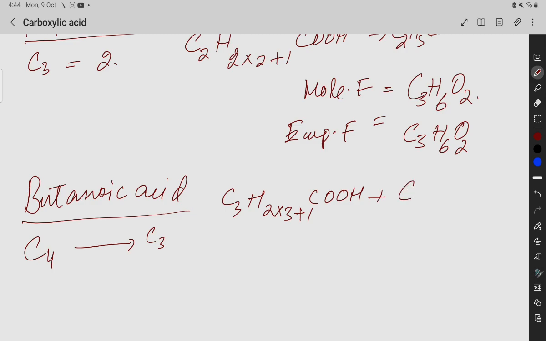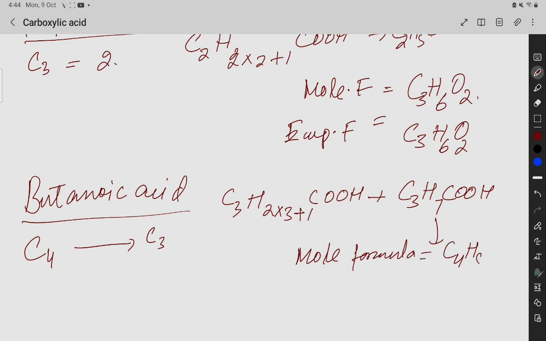The formula is C3H7COOH. Molecular formula will be C4H8O2. Empirical formula हो सकता है? Yes. हाँ बोलो. C2H4O. Is that clear? Yes.